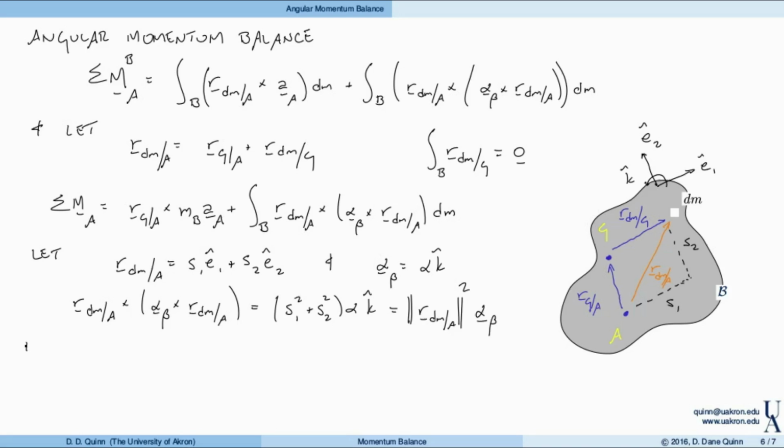And so finally, we define this magnitude as simply s. We'll just call the length between A and the mass element dm as s, so that this whole integral becomes a function of s.